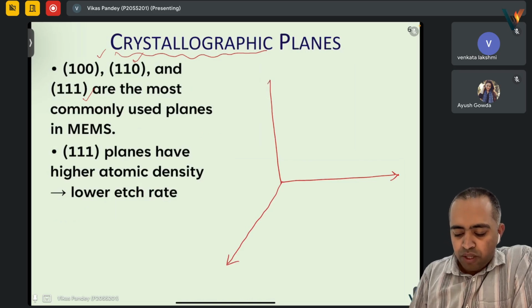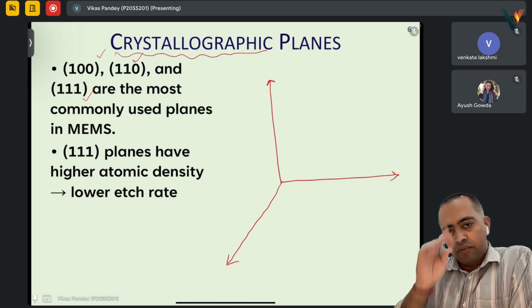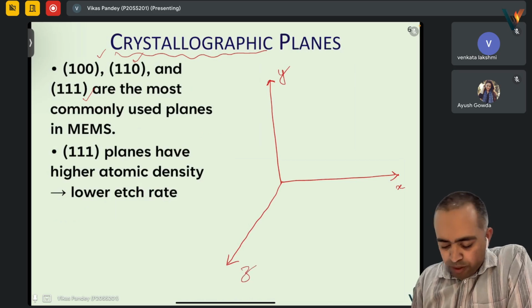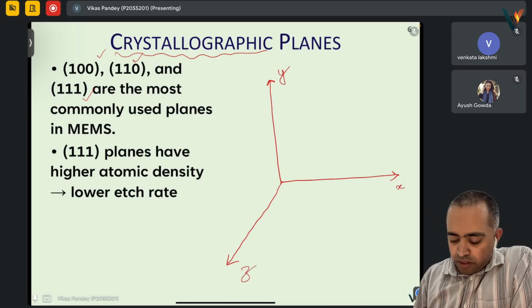So if we draw a simple x, y, z, okay, a plane that is here, say 1, like each cube is 111, let's assume.